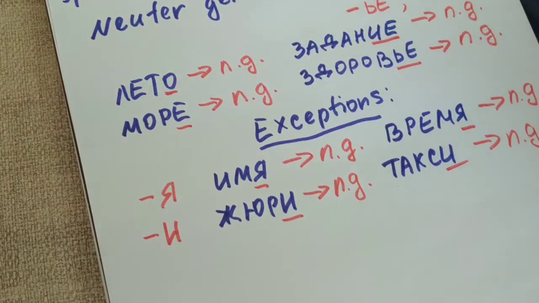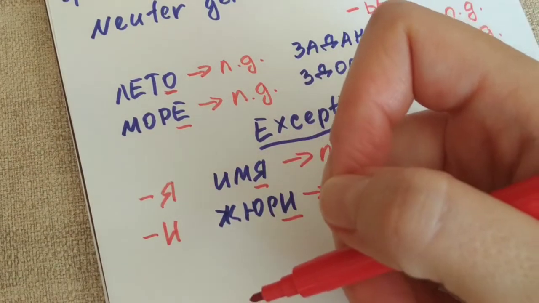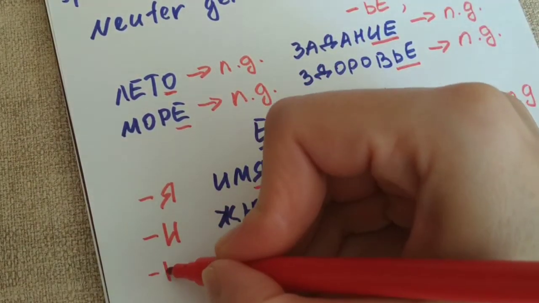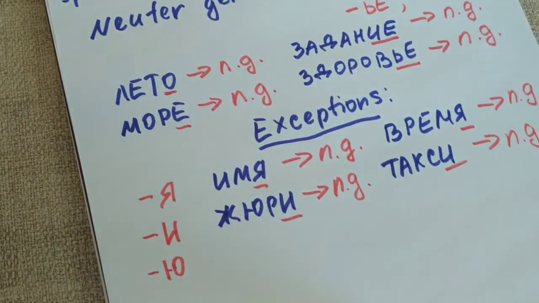As you may have already guessed, these words are borrowed from other languages. They are not originally Russian, and here they belong to the neuter gender. Next, we have the last group of borrowed words, which are ending in u, and they are also of the neuter gender.